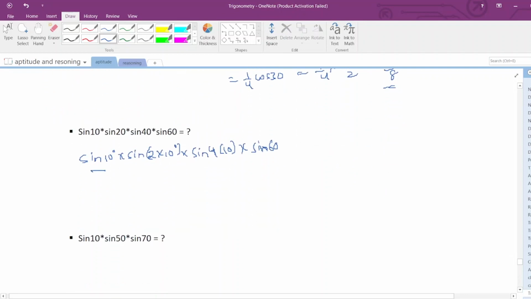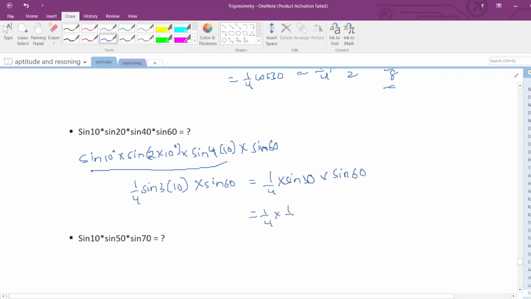In place of those three terms I can replace 1 by 4 sine 3 into theta, with theta as 10, and we are left with sine 60. So 1 by 4 into sine 30 into sine 60. Sine 30 is 1 by 2 and sine 60 is root 3 by 2, which is equal to root 3 by 16. So this is the answer.